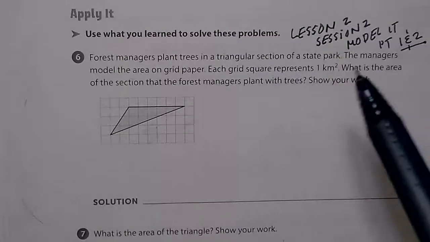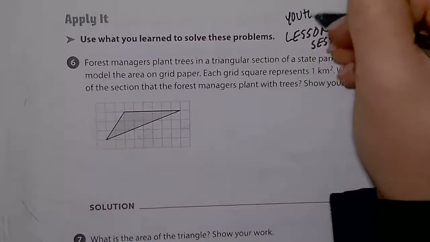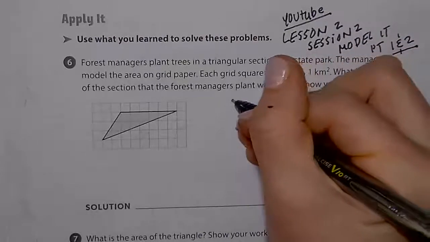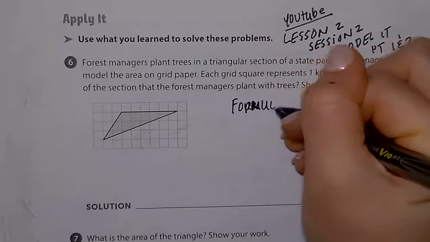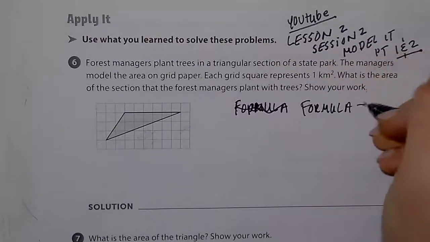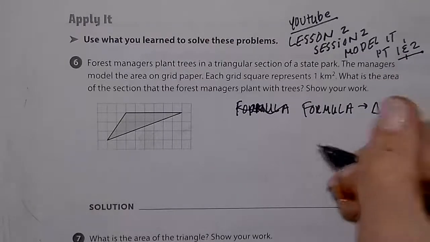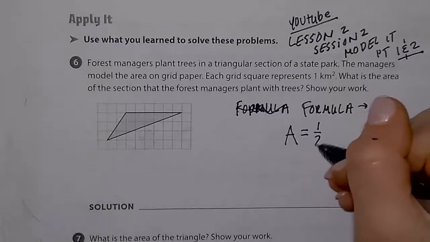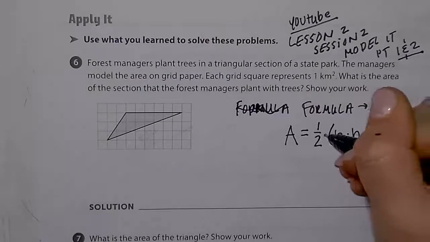In the model it section, on page 26 in your book, we found the formula for the area of a triangle, which we found to be area equals 1/2 base times height.